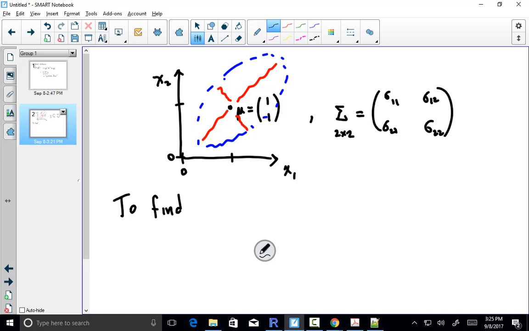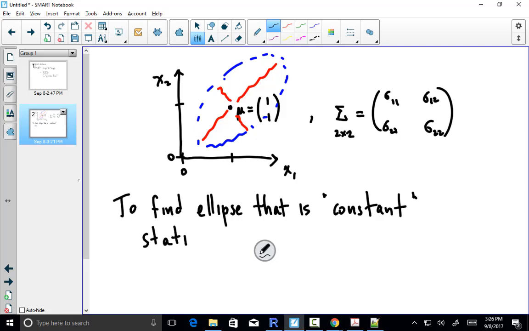That blue shape from your geometry or whatever, you'd call it an ellipse. So we're going to be looking for an ellipse that is a constant statistical distance from the mean.